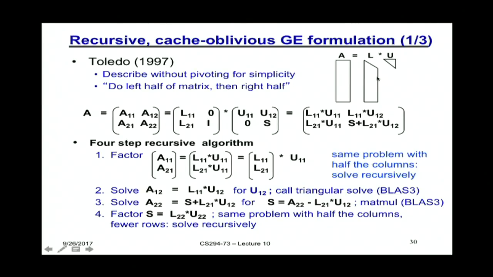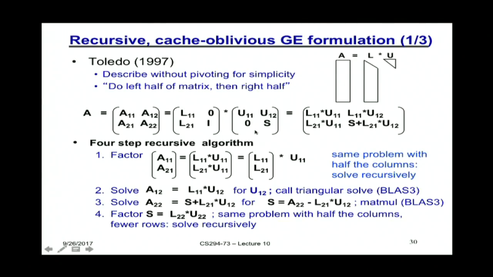Okay, so we describe this algorithm in a simple case, still without pivoting, where everything on the diagonal is good. So what you do is still configure your matrix A as 4 quadrants. And then you suppose this matrix can be factored by Gaussian elimination into these 2 blocks, this side and that side.